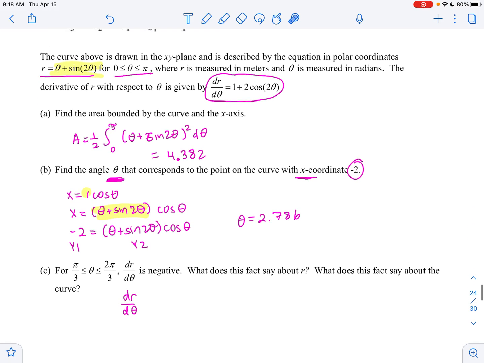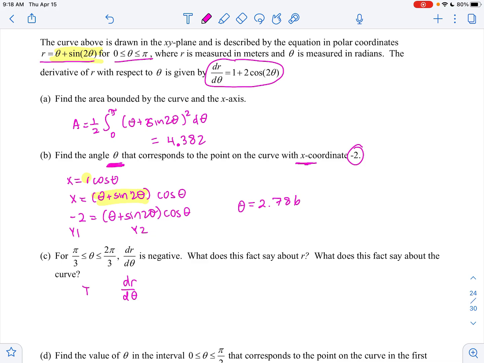So as a statement, if dr/d theta is less than 0, then as theta increases between pi over 3 and 2 pi over 3, the radius decreases.